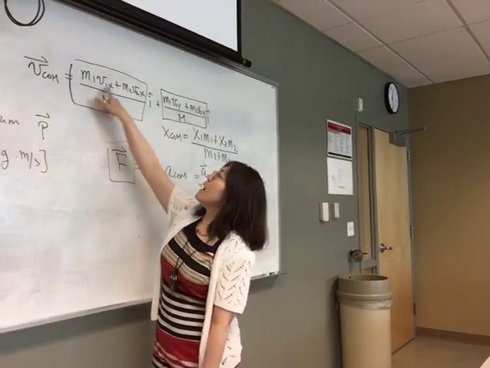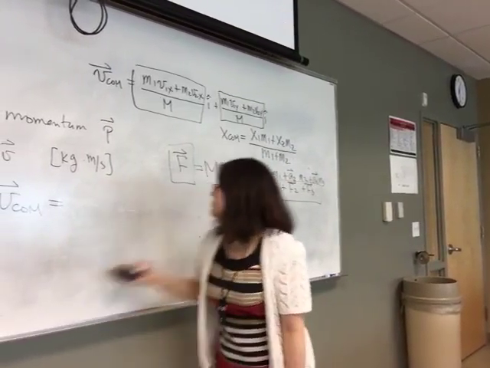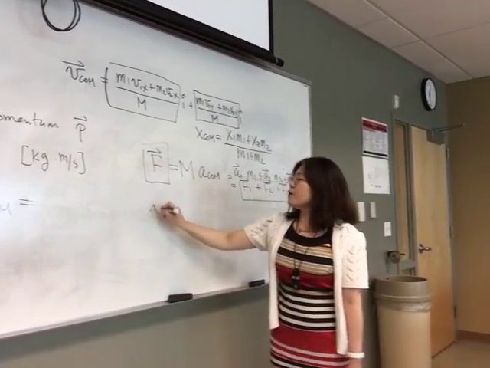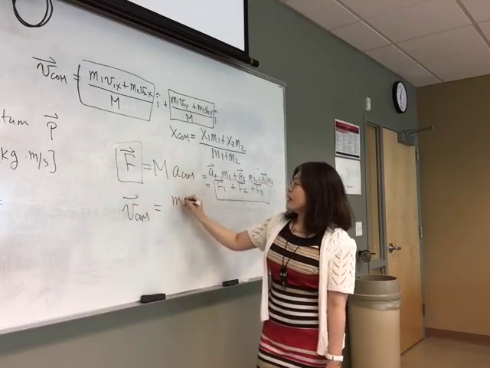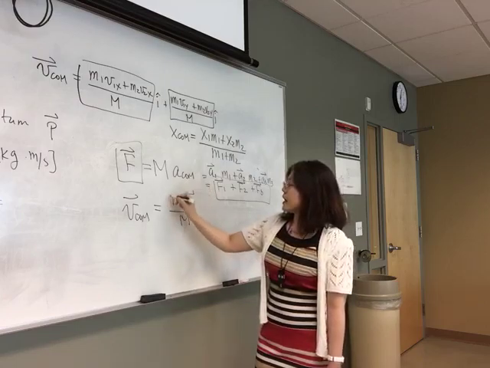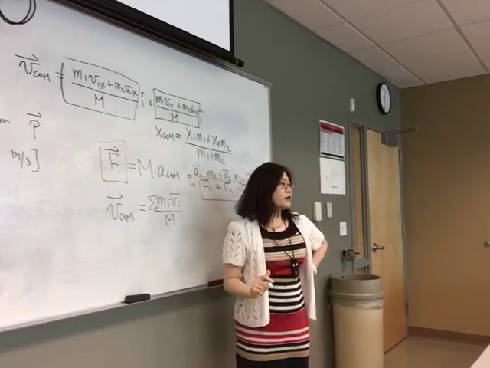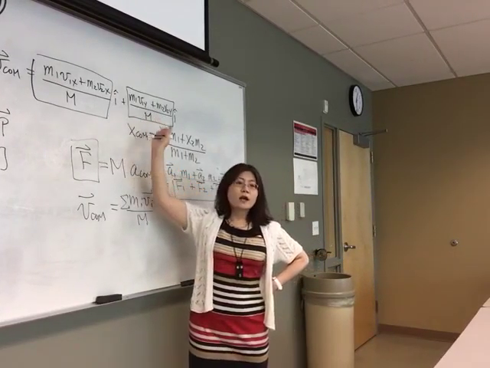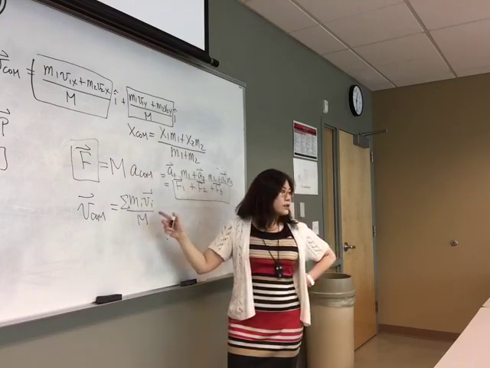Mass of the system times V_COM gives you the individual collections of linear momentum. Let's say V_COM is equal to the sum of m_i v_i. Instead of breaking it into x and y components, I'm just going to express the velocity as a vector.